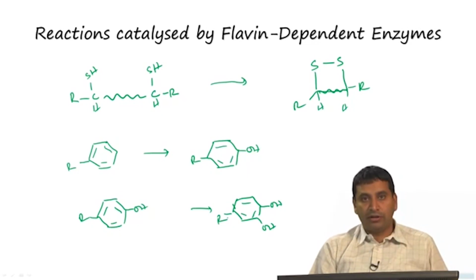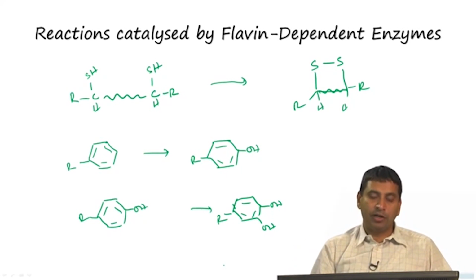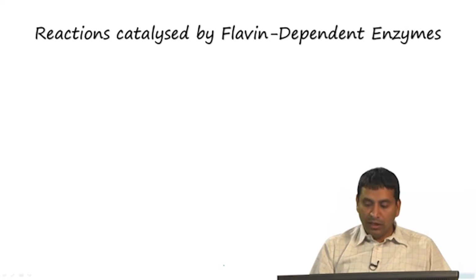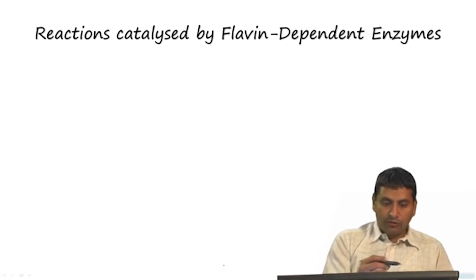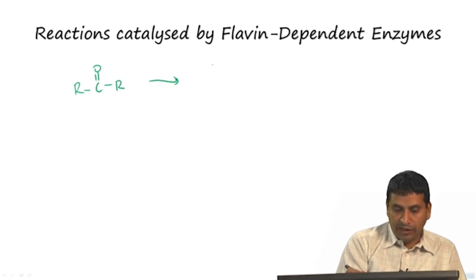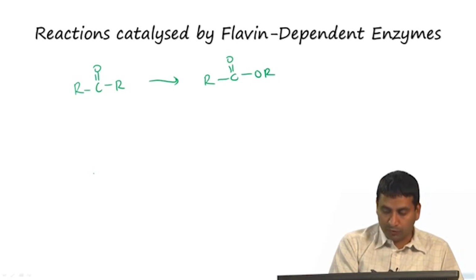So, these are the major reactions that flavin dependent enzymes can catalyze, and as you can see, all of these are metabolically very important, and therefore flavin dependent enzymes become a very important class of enzymes that are involved in drug metabolism. Lastly, they also can oxidize carbonyl compounds such as R C double bond O R, so this is a ketone, to form an ester. So, this ester formation is also possible.